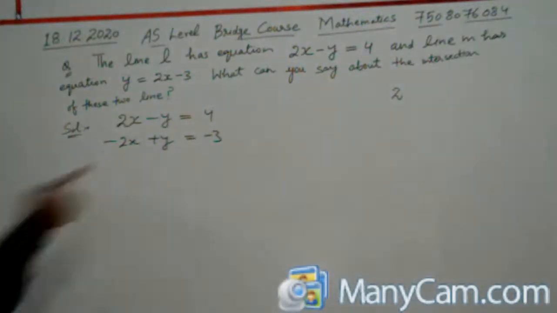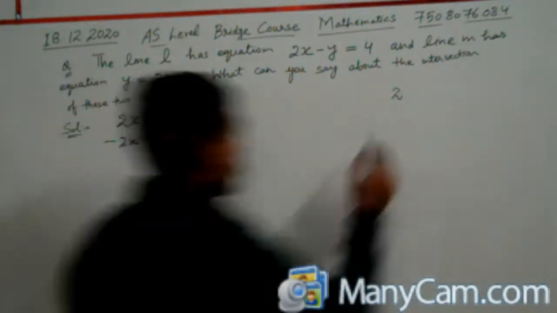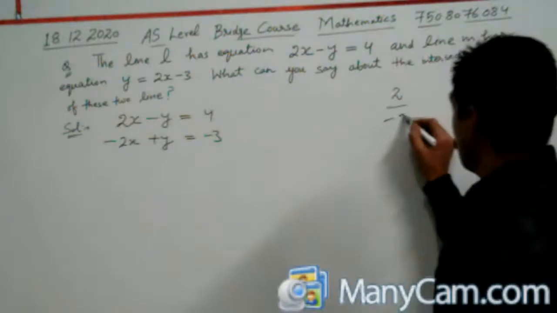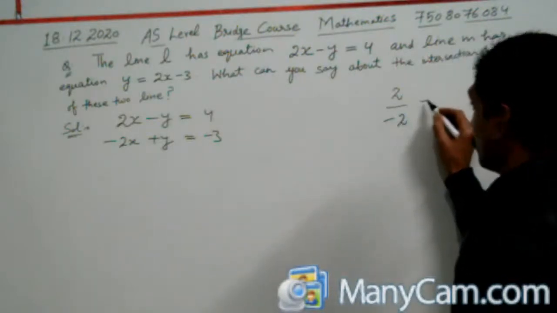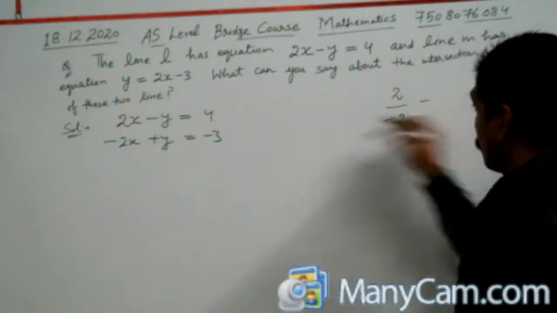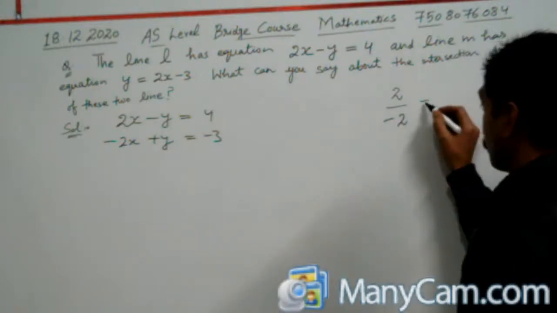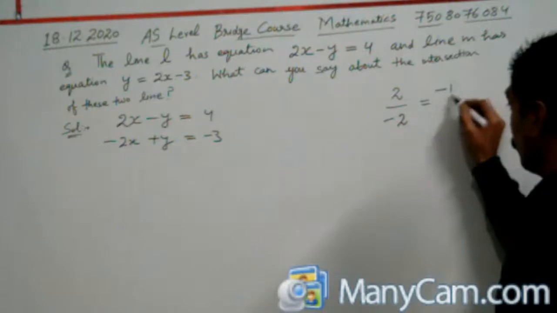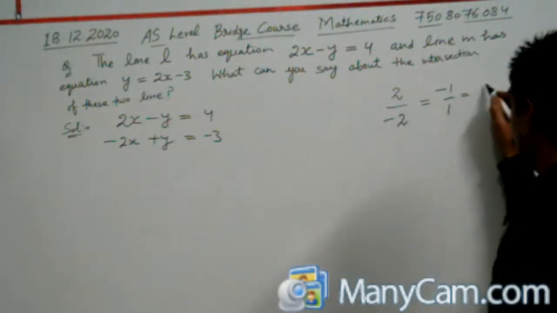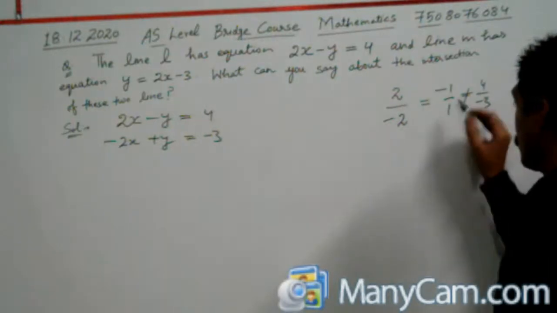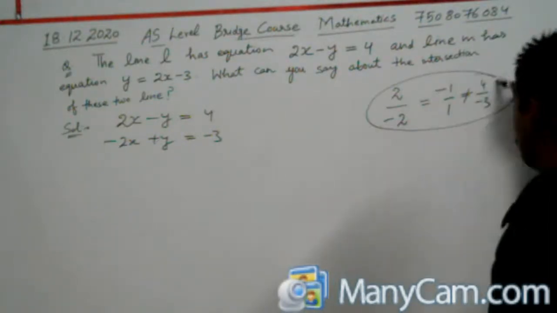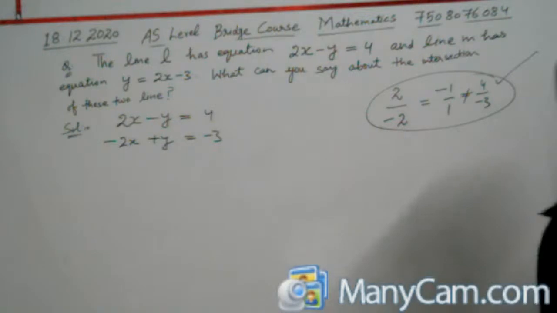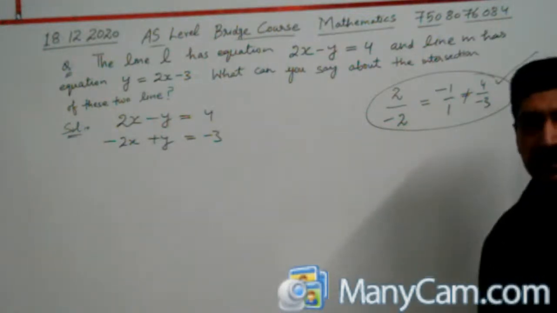So 2 upon minus 2 is equal to minus 1 upon 1, which is not equal to 4 upon minus 3. So these two lines are confirmed parallel lines.